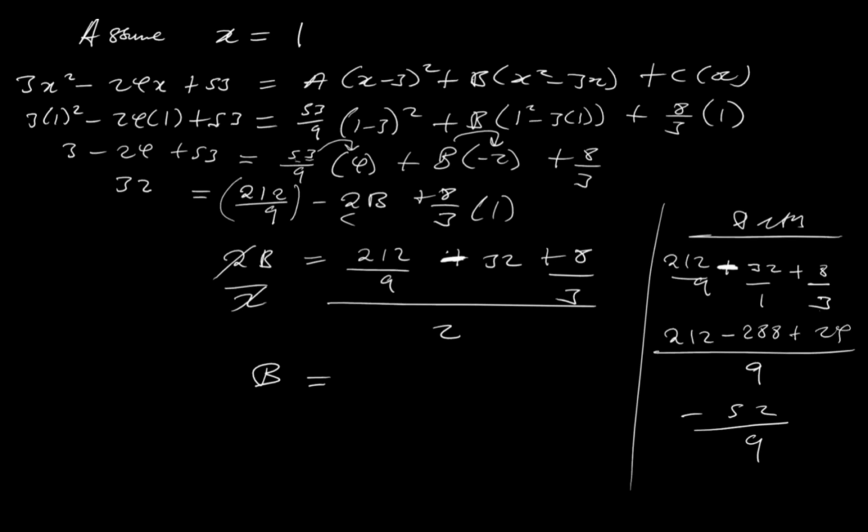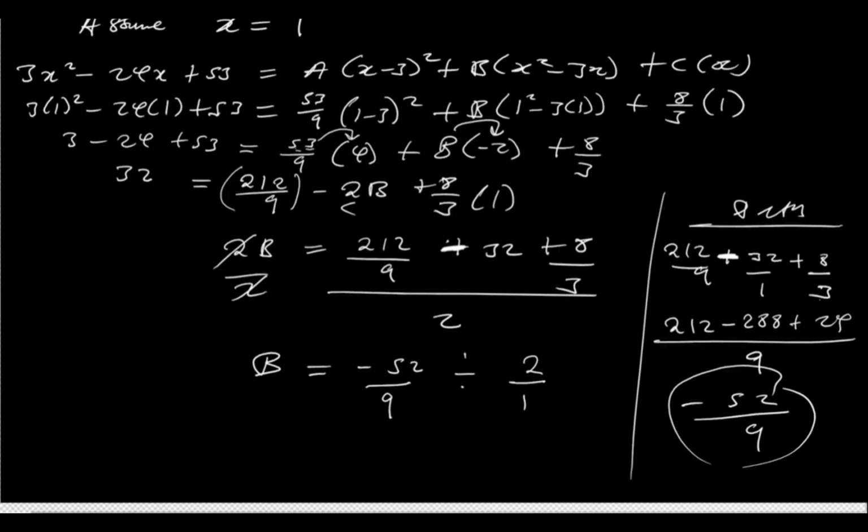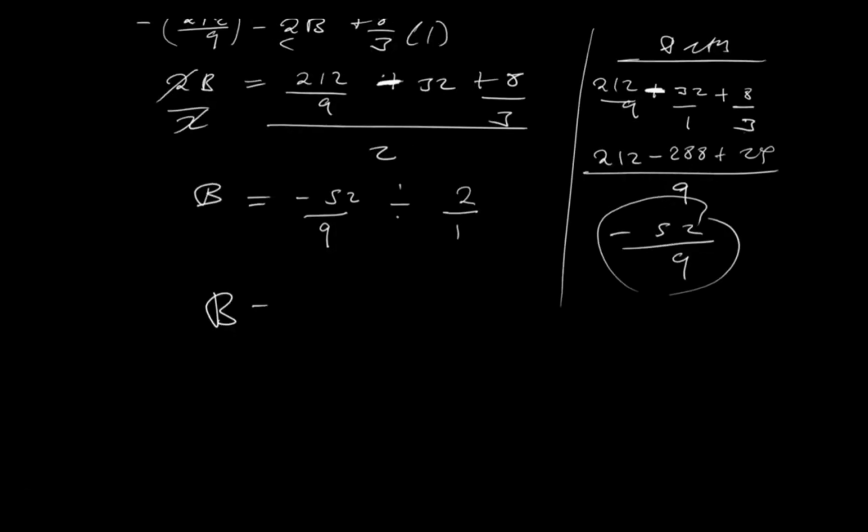So if you clean it up, you'd find that other people would prefer just taking it like this. So this is our top, so I'd say negative 52 over 9 divided by 2 over 1. So b is equal to negative 52 over 9 times 1 over 2.